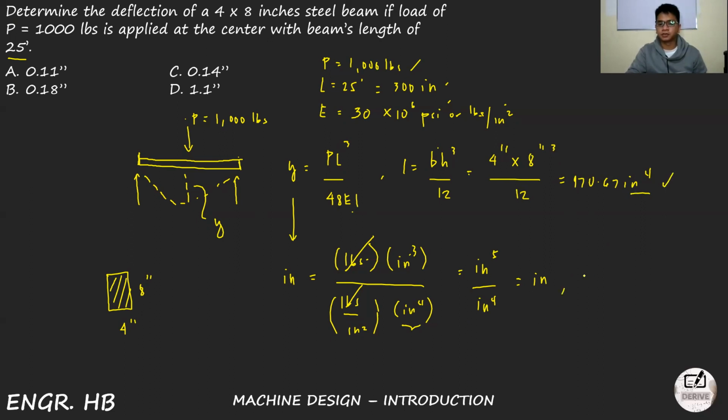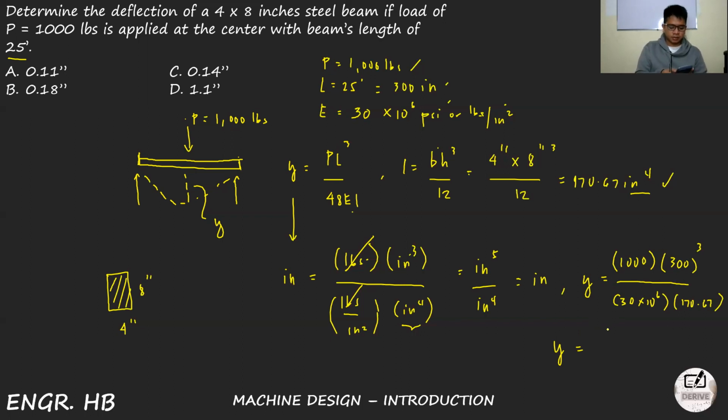So our deflection will be by direct substitution: 1,000 times 300 cubed, divided by E, which is 30 times 10 raised to 6, and our I is 170.67. Is that right?